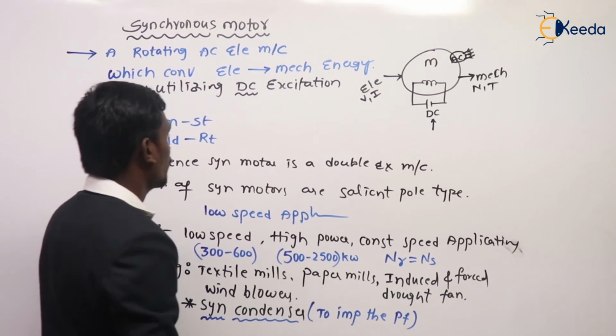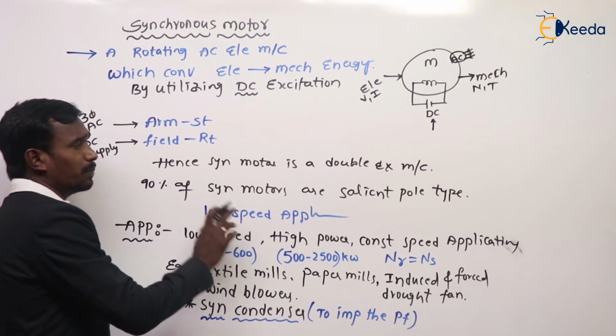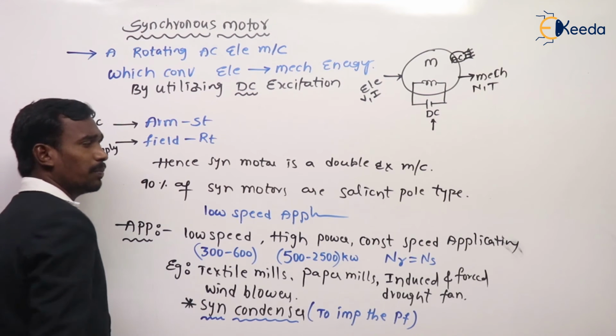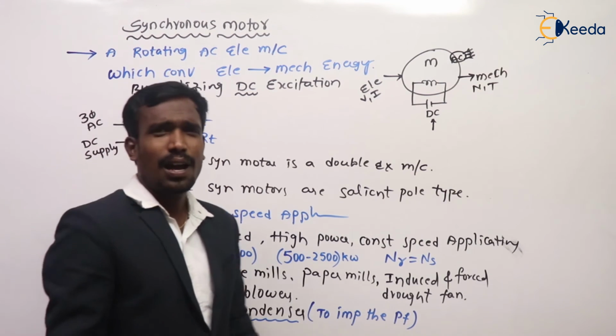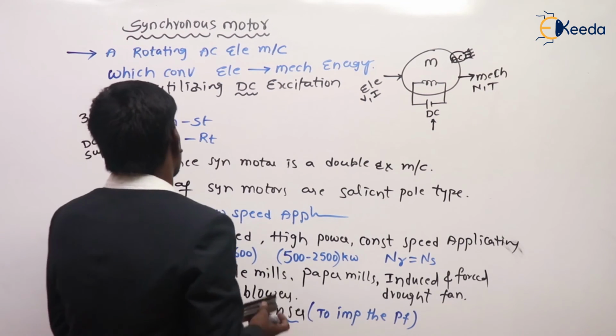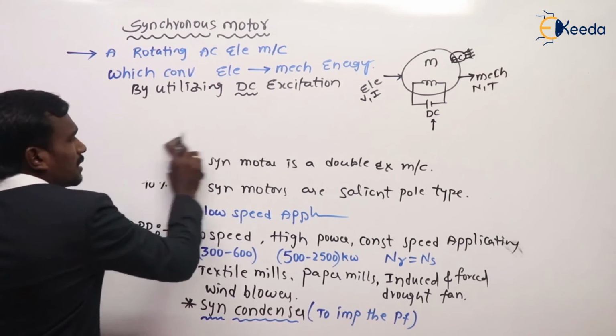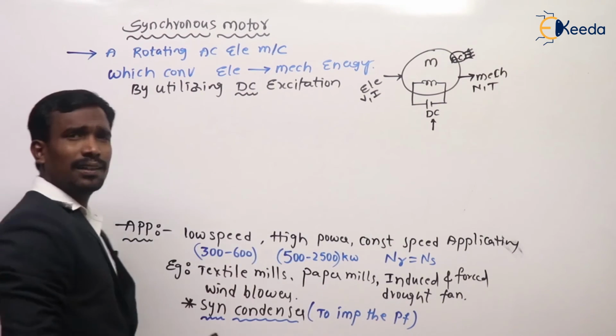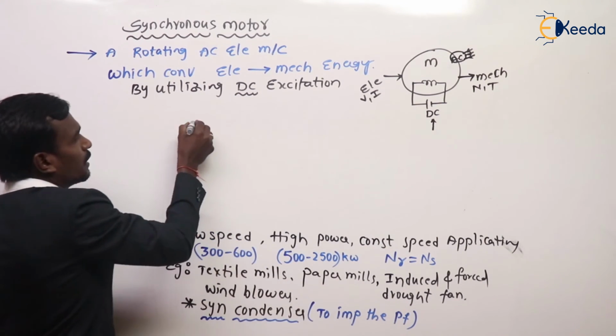What is a synchronous motor? 90% of synchronous motors are salient pole type, used for low speed applications. And here, can you tell me the main disadvantage of my synchronous motor? Yes, very good.